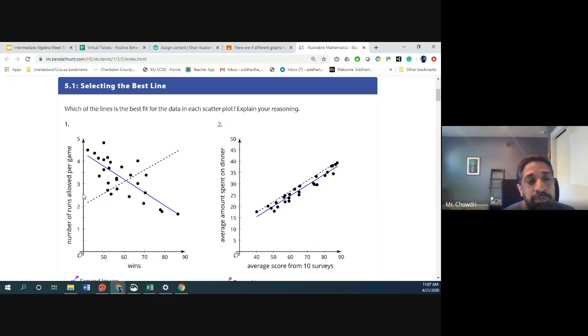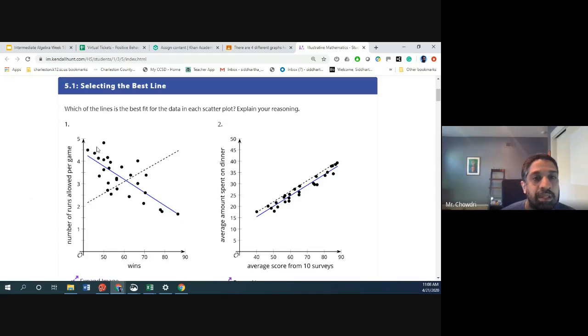So I assume this is baseball that they're talking about. And what it shows very clearly is that as the number of runs allowed per game goes up, your number of wins is less, right?